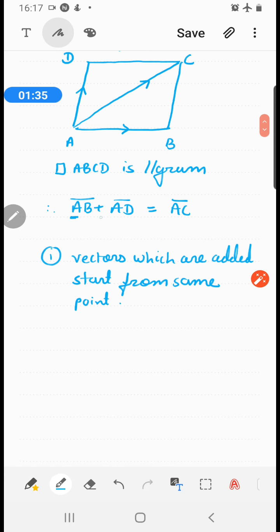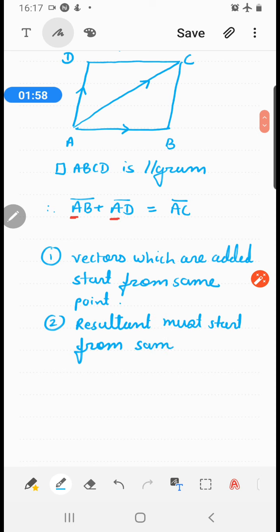So here I can see that the vectors are starting with point A. The second condition after that, the resultant must start from the same point. As you can see in the question itself here, the answer is also starting with point A.